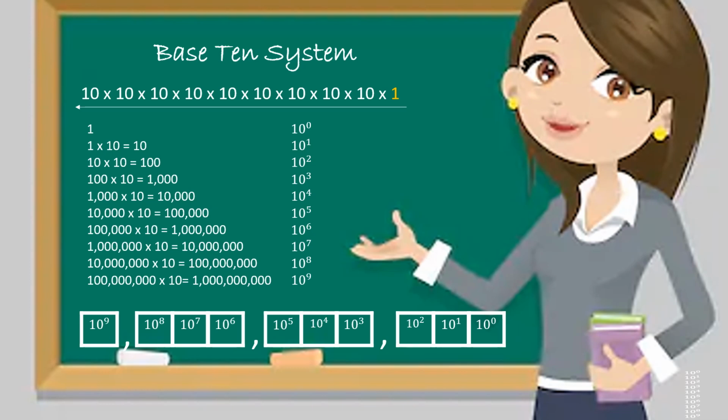Yung 1,000, equivalent niya is 10 cubed. And yung 10,000, ang equivalent niya is 10 to the 4th power, and so on. So, kung maaalala nyo yung tungkol sa exponent, ang tawag dun sa 10 is base. So, kaya siya tinawag na base 10 system, simply because we multiply it by 10.